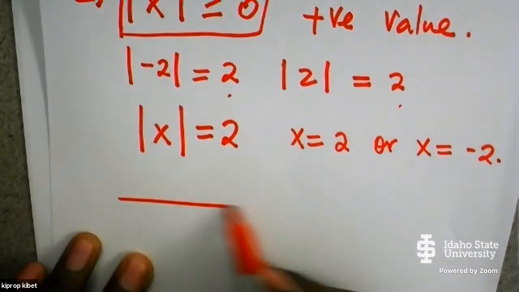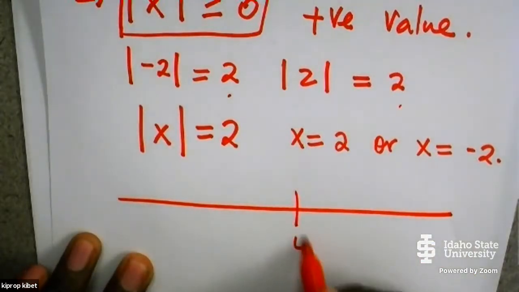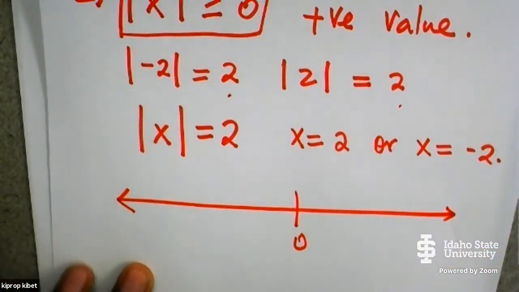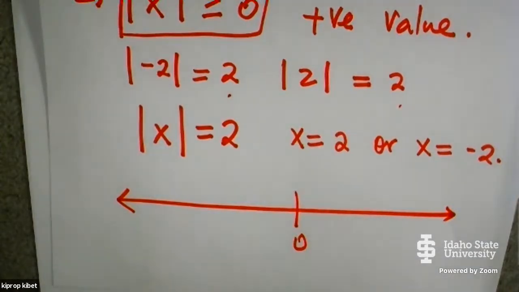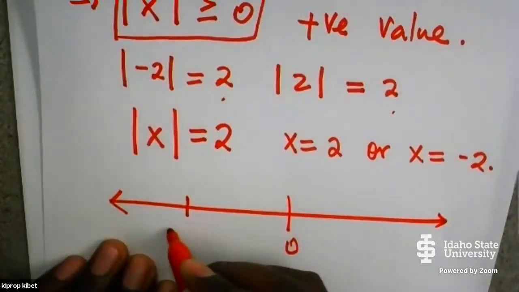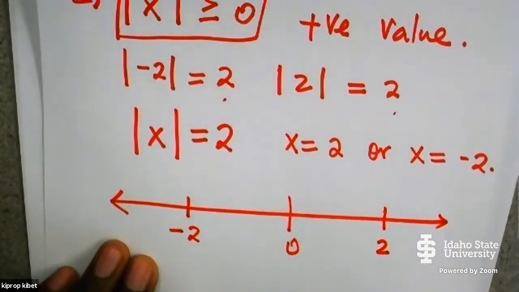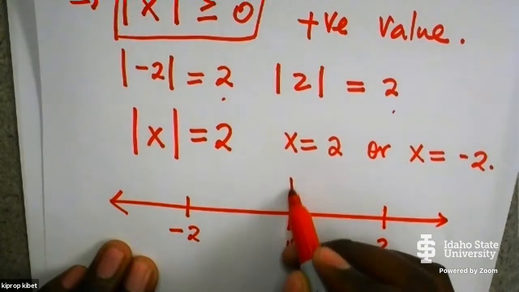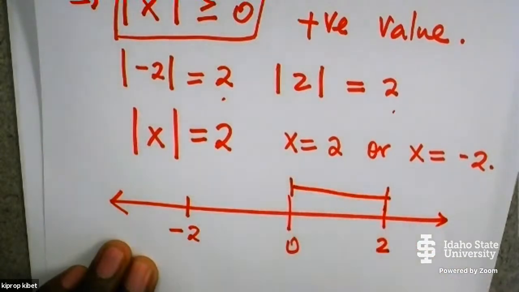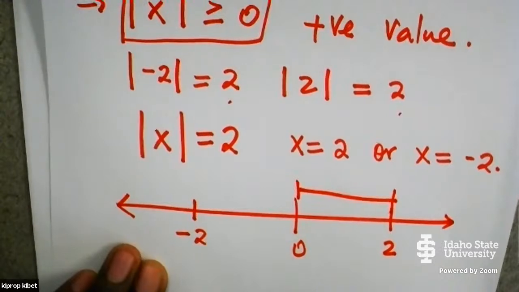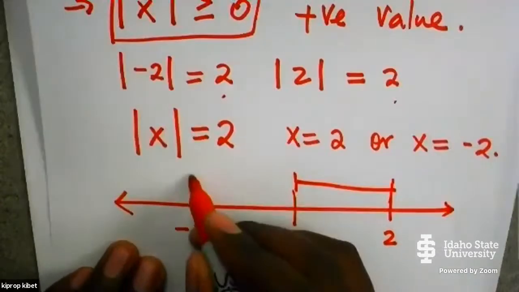So we also say this can be represented on a number line. So how should we represent, let's say, the absolute value of 2? We have the -2 there, and then we have the +2 there. So it will always be 2 units to the left, and 2 units to the right.